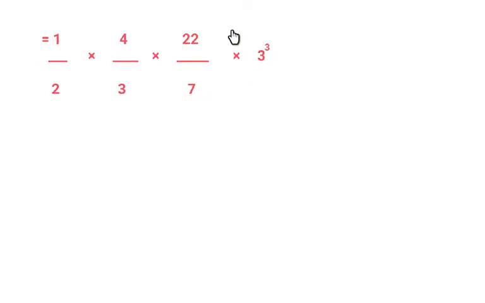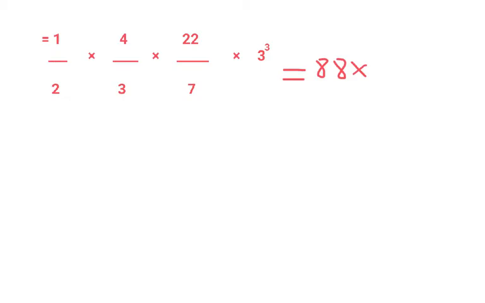To multiply everything together, we'll say 1 times 4. That will give us 4. 4 times 22 equals 88. So we have 88 here.